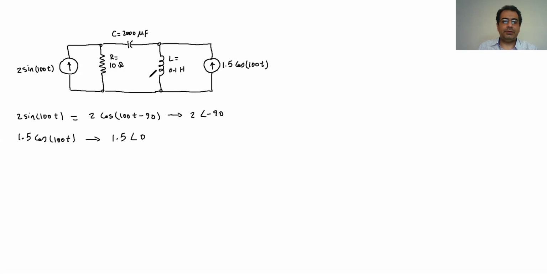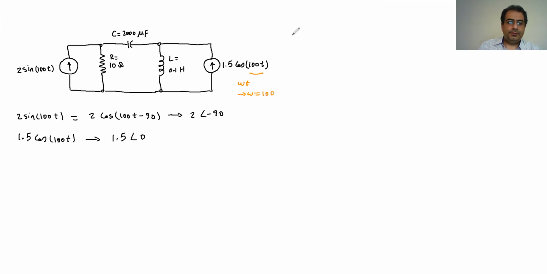If they have a different omega, then we cannot do this calculation. Same here, this is omega t, so therefore omega is 100.